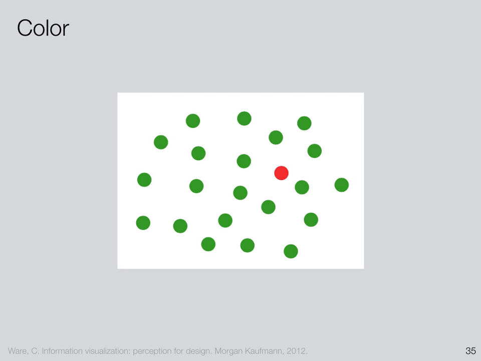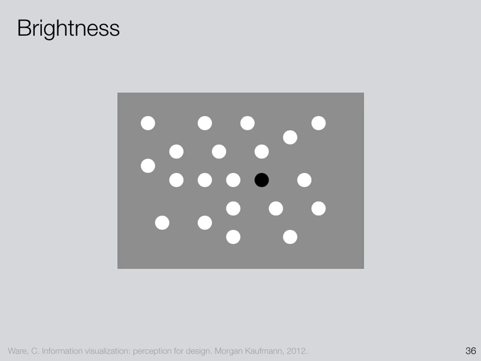So here, unless you have a red-green color deficiency, you would easily pick out or recognize the red circle. Of course, elements can also stick out by different levels of brightness. So this will be also working even if there are color deficiencies in your perception. So brightness is a very strong way to kind of detect elements.